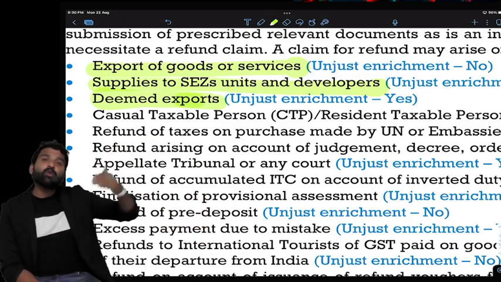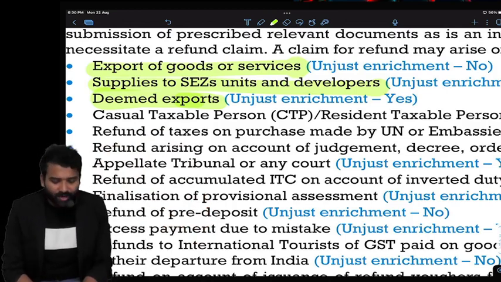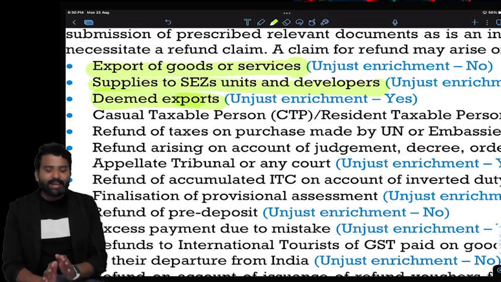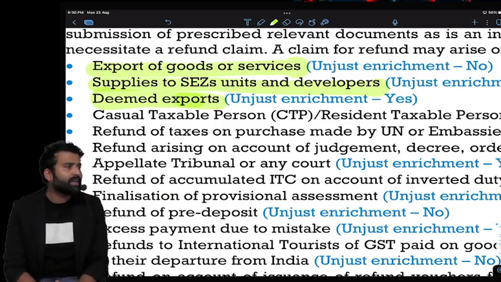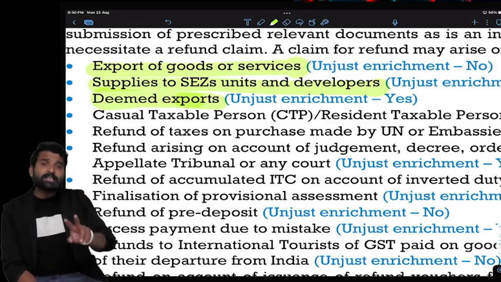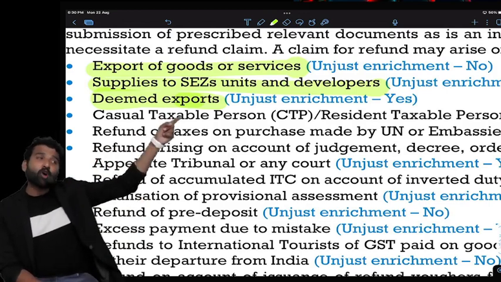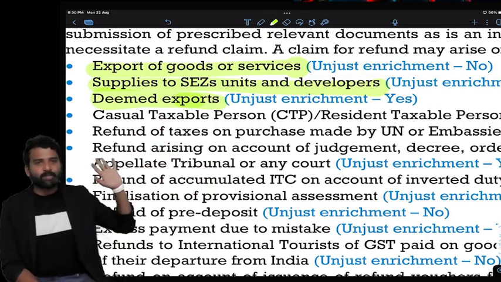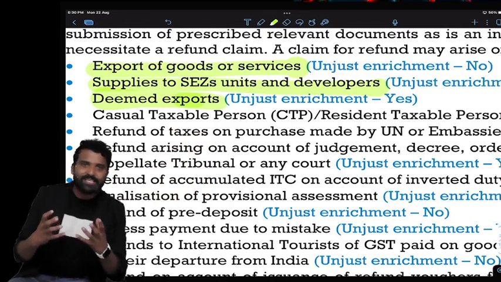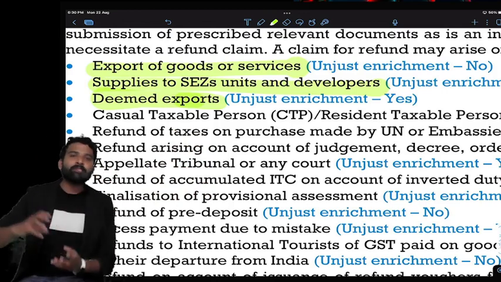So maybe you will charge tax in the invoice, and that's why in case of deemed export, the doctrine of unjust enrichment is required to be proved. You know why? Because the GST Act allows the seller to charge GST in case of deemed export. For example, I am supplying to EOU.